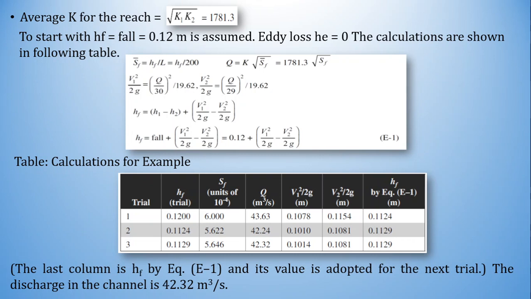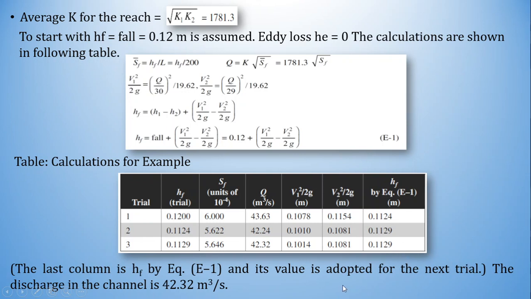If you go on iterating by different trials, you will come to know that the value of discharge stabilizes somewhere in trial 2 and 3, and here you can get the head loss due to friction as a constant value. So after third trial we stop the iteration, and the last column HF you can find out by this equation E1, and its value is adopted for the next trial every time. This HF for first calculation is adopted for the second, and for the third.